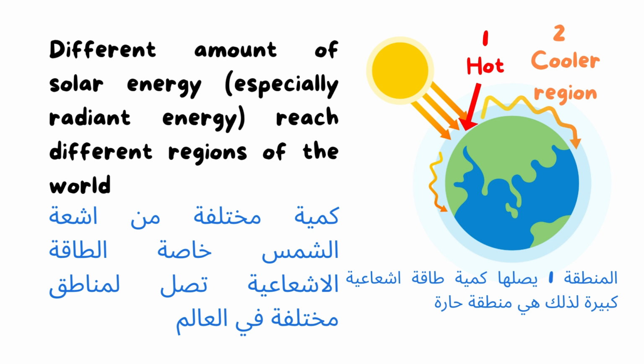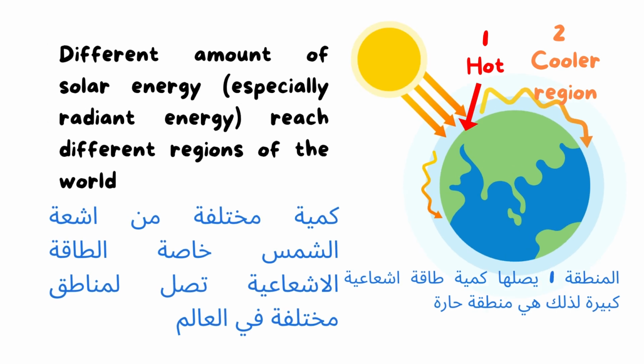So there is a different amount of solar energy, especially radiant energy, that reaches different regions of the world, okay? So this causes what? Some regions are hot and others are cooler regions, yes?